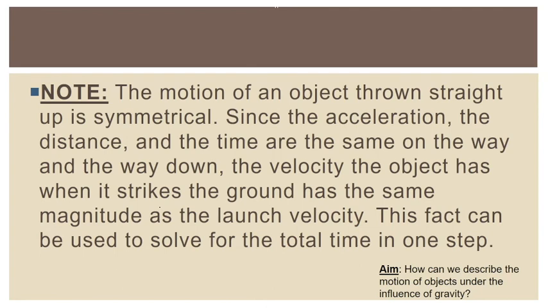And so because the acceleration and the distance on the way up and the way down are the same, the change in velocity on the way up and the way down is the same. And since all those things are the same, that means the time is the same on the way up and the way down too. And so this means that the velocity the object has when it strikes the ground has the same magnitude as the launch velocity.